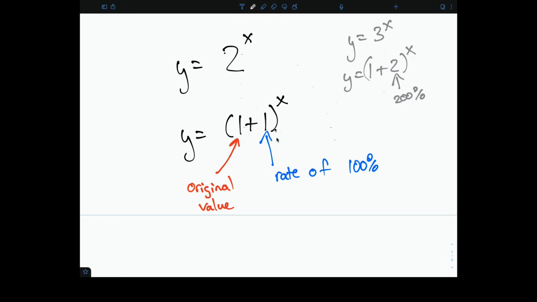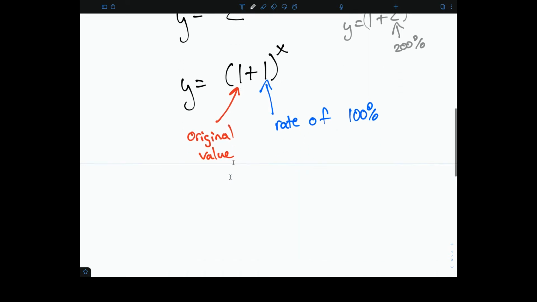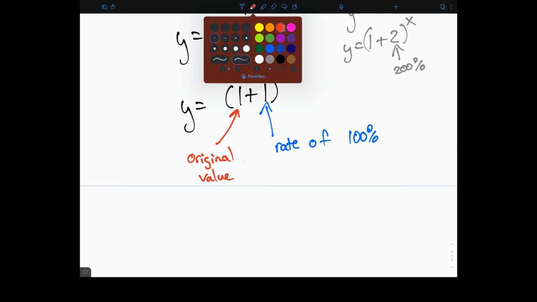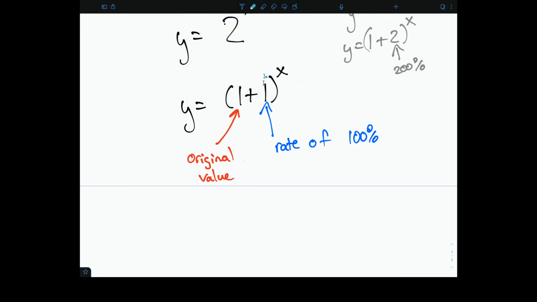Okay. Now, why am I talking about this? Well, I want you to start thinking of it in this way because we can do more than this, right? So what we're really saying, let's go with a different color here. Let's go with this little light blue. What is this one saying, right?